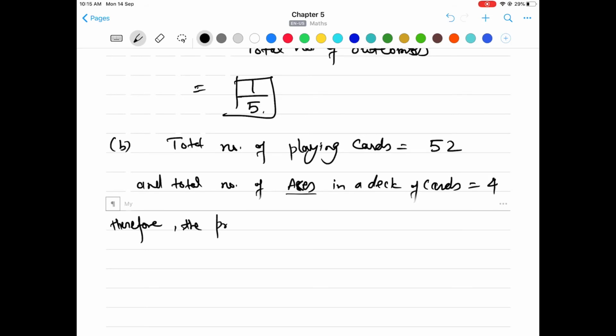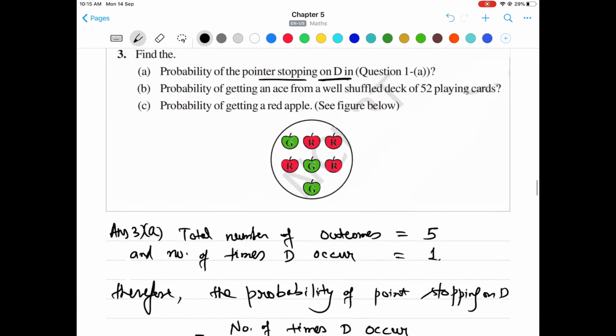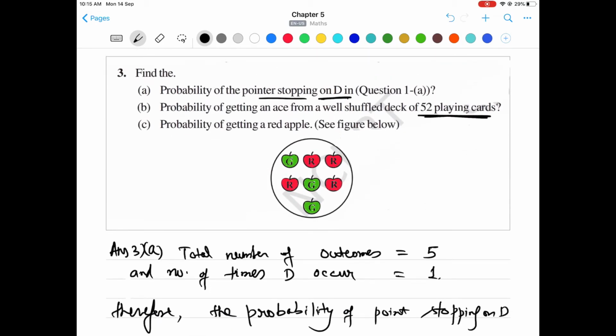Therefore the probability of getting an ace. Okay, this question was, we have a deck of 52 playing cards and one card is taken out randomly, and we have to find the probability of that card being an ace.